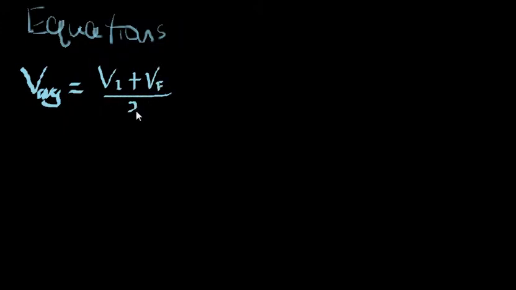So what does this even mean? Let's say this is our velocity graph right here. So the velocity is like this, a straight line from here to here. Let me change the color, green.